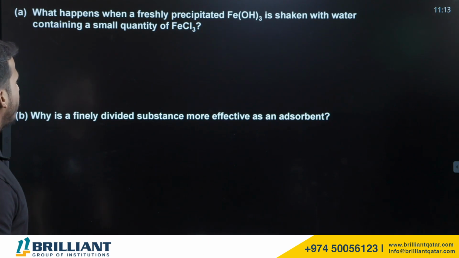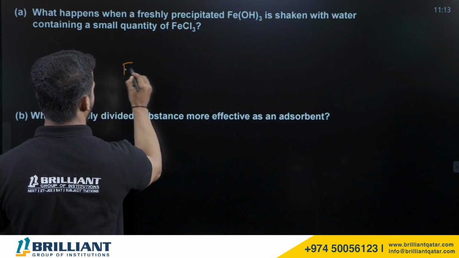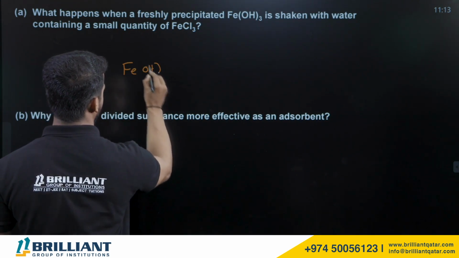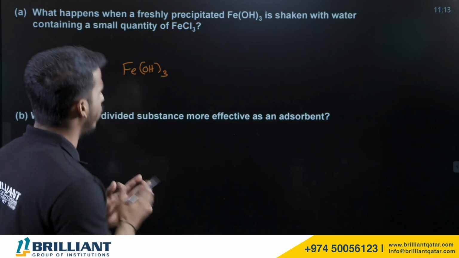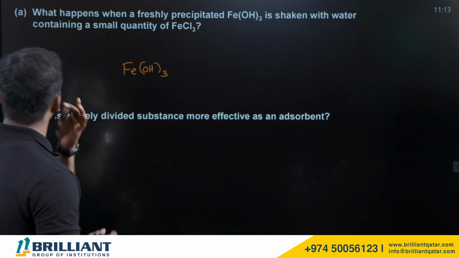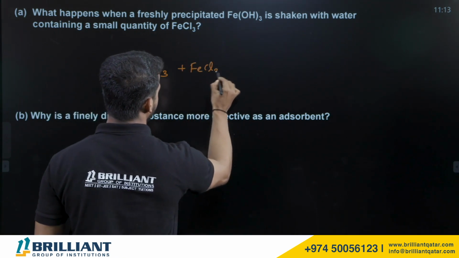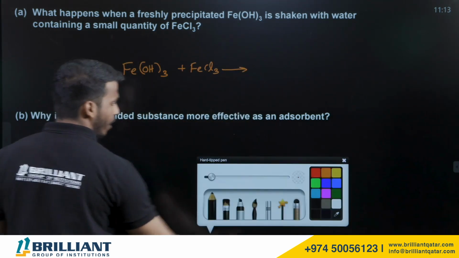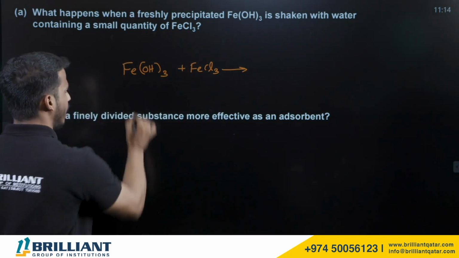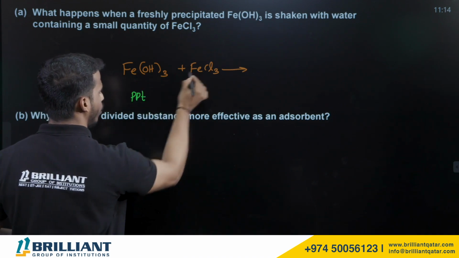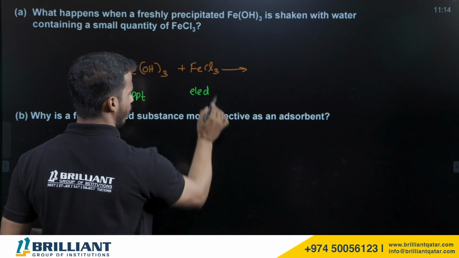Next one, what happens when a freshly precipitated Fe(OH)3, ferric hydroxide, is shaken with water containing a small quantity of FeCl3? Fe(OH)3 is a precipitate. We studied that when a precipitate is treated with an electrolyte, it will form which one?